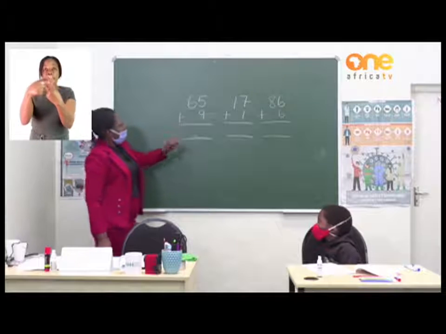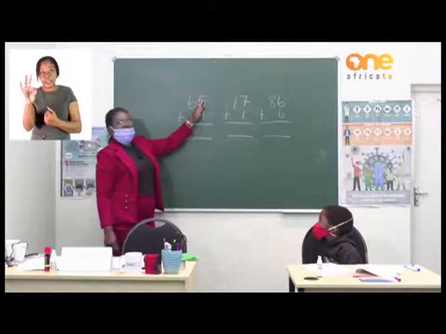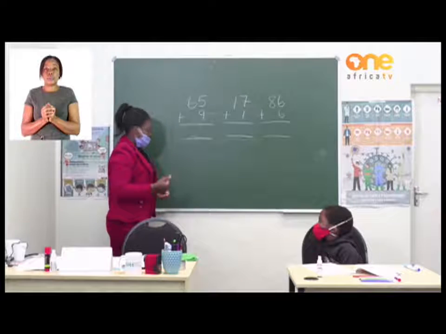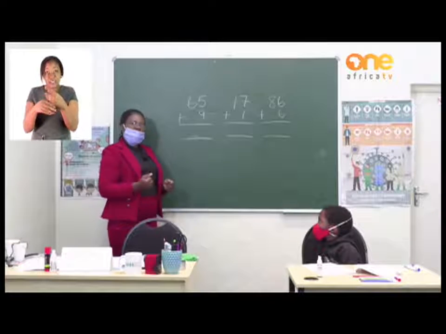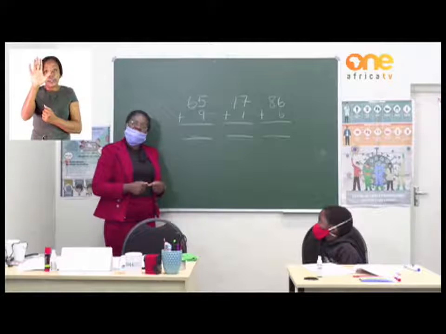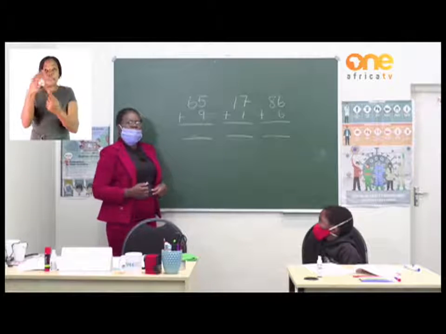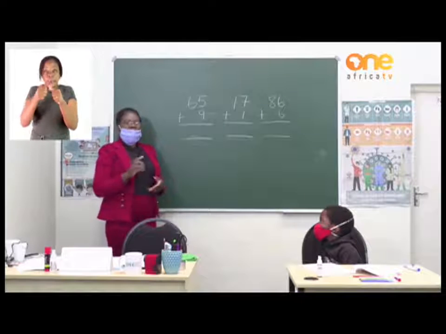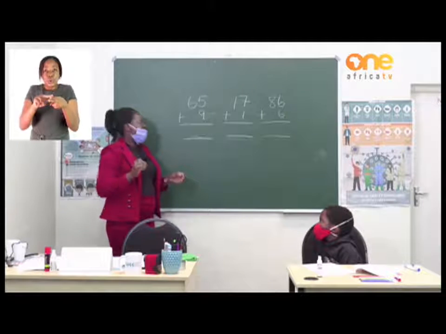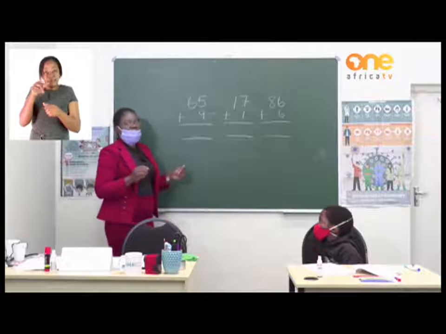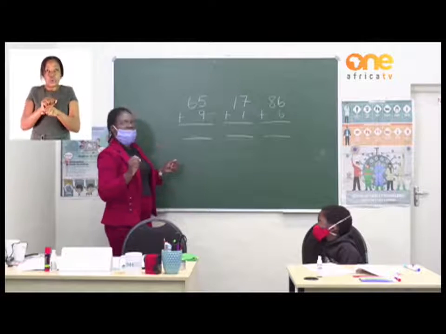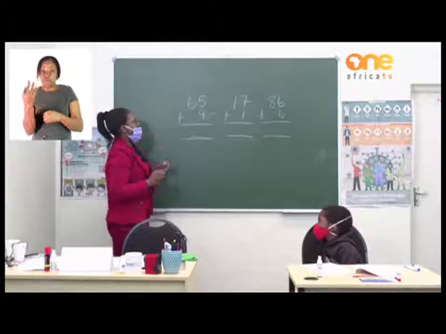Now when you add your 5 plus a 9, what do you get? Remember, wherever you are, you can get your stones, sticks, or bottle tops, whatever can help you to count. On the chalkboard, I'm going to use the sticks to count and add. So please follow with me while you do it with your own objects at home.